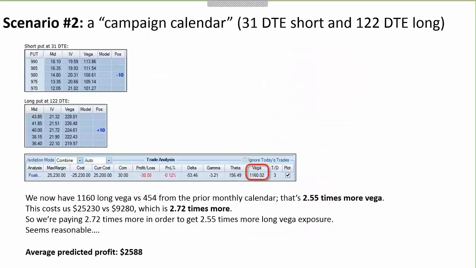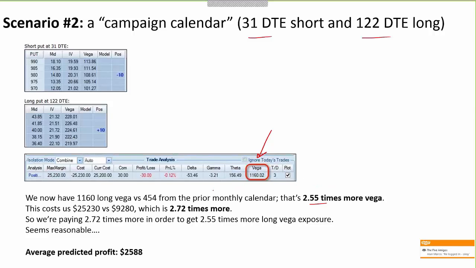So now what we're going to do is still choose a 31-day front short option, and our back option we push much further out, so 122 days. What that does is it increases our Vega significantly. You can see here that our Vega is now 2.5 times more than it was with the 3060 calendar.